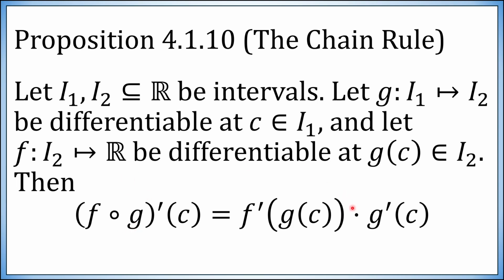Also, you end up with the only thing that could possibly make sense on the right-hand side. The only place we assumed g has a derivative is at c. The only place we assumed f has a derivative is at g of c. Why were those our assumptions? Because the composition will feed c into g and then feed g of c into f. This theorem could not have been stated differently, in other words.